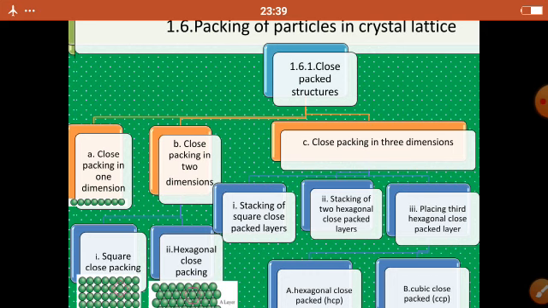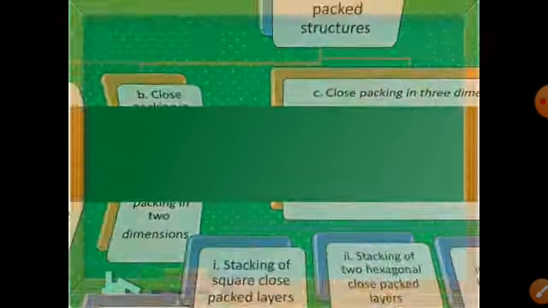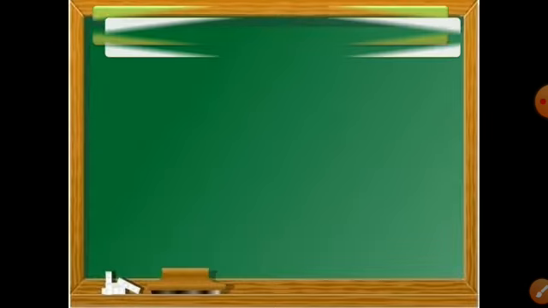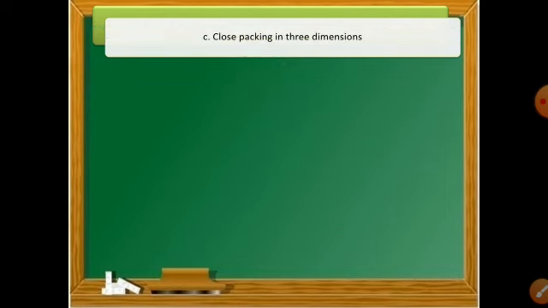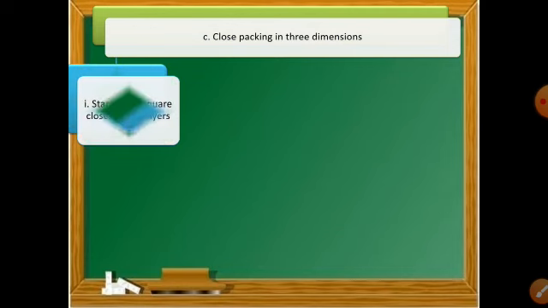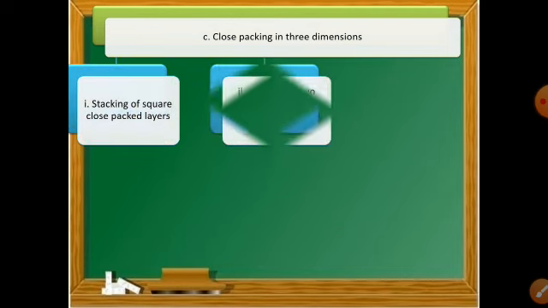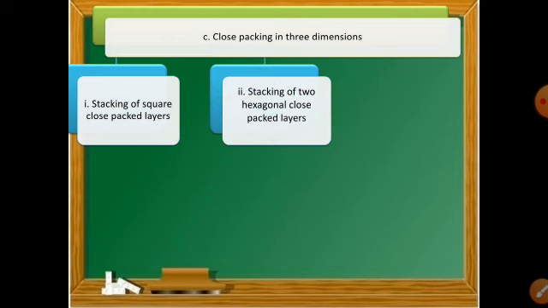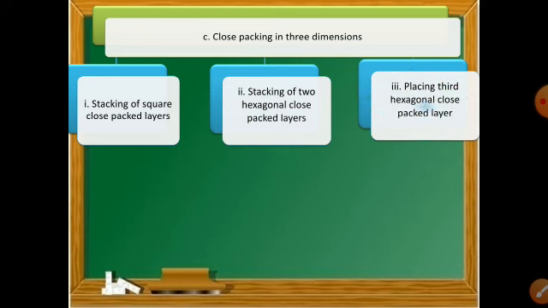Okay, now we'll see the third type, close packing in 3 dimensions. Close packing in 3 dimensions, depending upon the stacking, is of these kinds: first one is stacking of square close pack layers, second one is stacking of 2 hexagonal close pack layers, then third one is placing a third hexagonal close pack layer on the second.